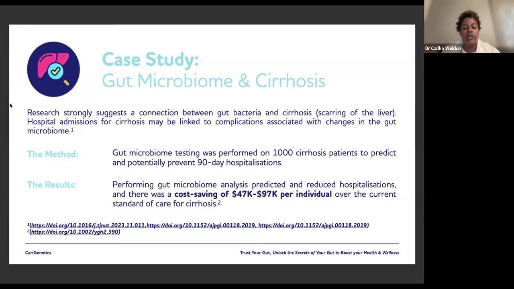And again, talking about cost savings, I'm in the business of trying to reduce the cost of healthcare. It is a huge regional concern, actually a global concern. Here we saw that by performing gut microbiome analysis, they were able to predict and reduce hospitalizations. And there was a cost savings of between $47,000 and $97,000 per individual over the current standard of care for cirrhosis.